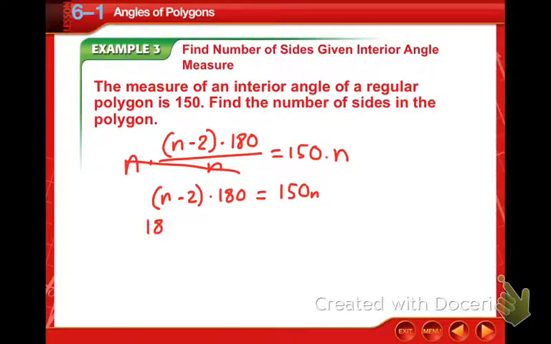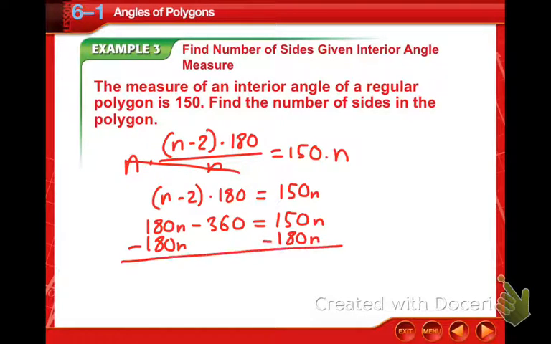So it's 180n minus 2 times 180 is 360 equal to 150n. We can subtract 180n from both sides. We're left with a negative 360 equal to a negative 30n. We divide both sides by negative 30, so the negatives will go away, and it'll be good.